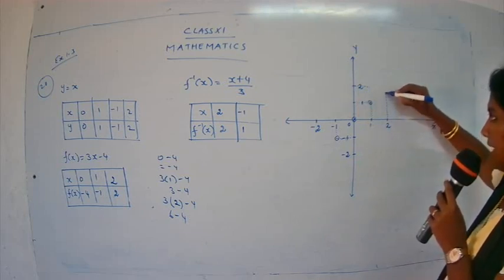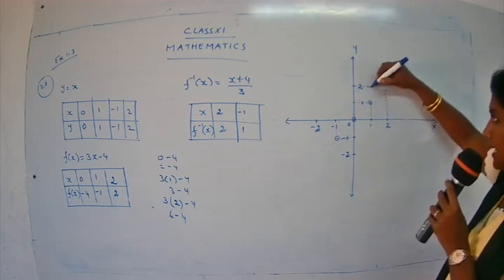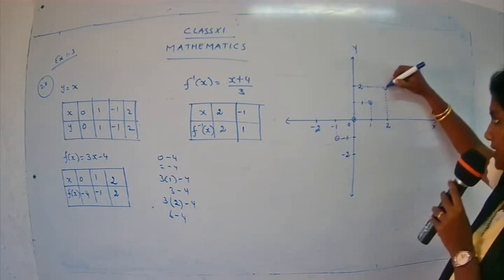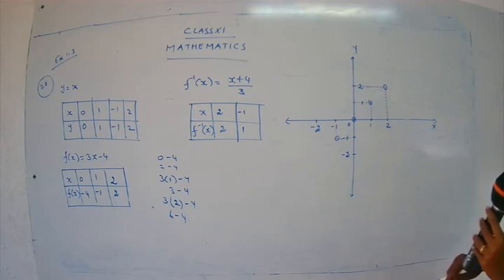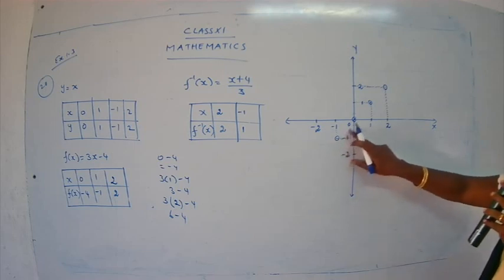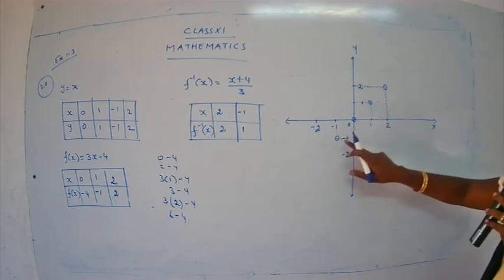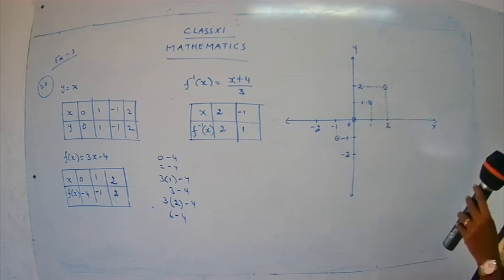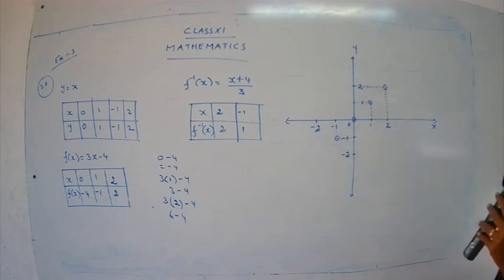Plot the points carefully. Use your scales to draw the lines so that your line is straight. I have plotted all the points 0, 0, 1, 1, minus 1, minus 1, 2, 2. Now join them properly using your scale.